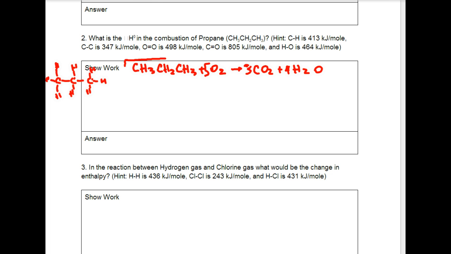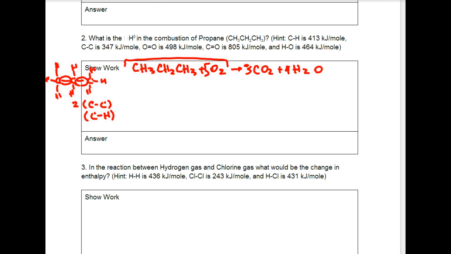Everything on this side is being broken, so we're working with the ones that are being broken first. So we have 1, 2 carbon to carbon bonds that are being broken. And that makes sense because if you have 3 carbons all connected to each other, then you can only have 2 bonds worth of carbon to carbon. And as far as the carbon to hydrogen bonds, because every hydrogen is bonded to a carbon, you have as many bonds as there are hydrogens.